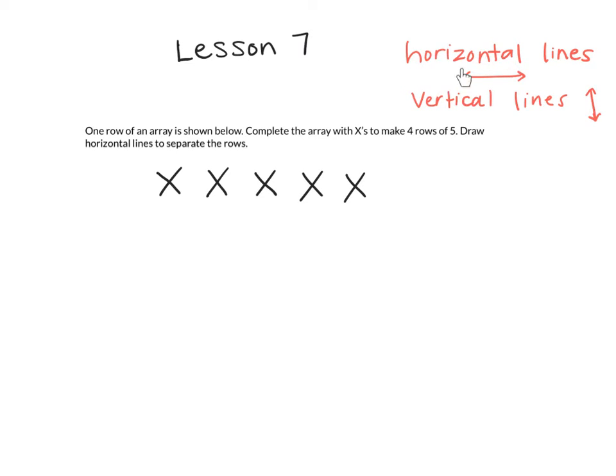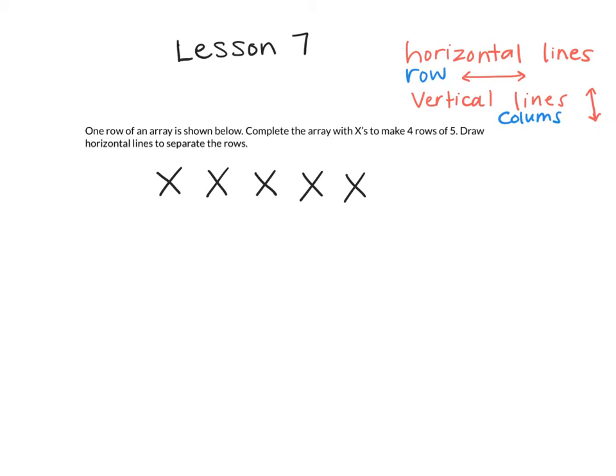The first one is horizontal lines. If you think about the beach, there's a horizon line, and it's a line that goes across. So kind of like a row, a horizon line is also going from left to right. The other word is vertical lines, and those go with columns, because vertical lines go up and down.